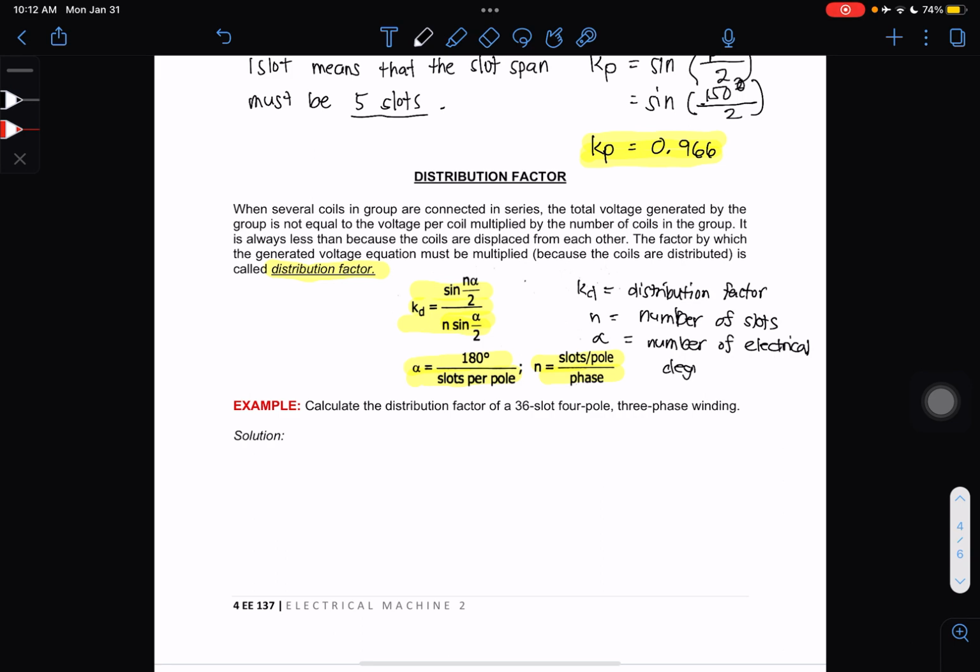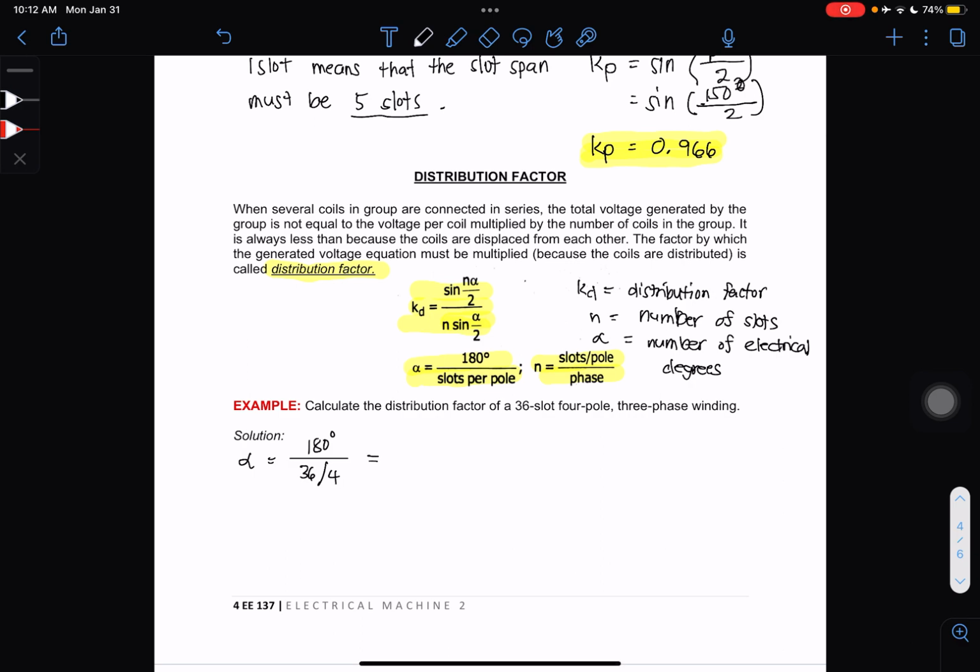So let's have our example for distribution. Calculate the distribution factor of a 36 slot, 4-pole, 3-phase winding. First, we need to solve for the number of electrical degrees: 180 degrees divided by the slots per pole, which is 36 over 4.